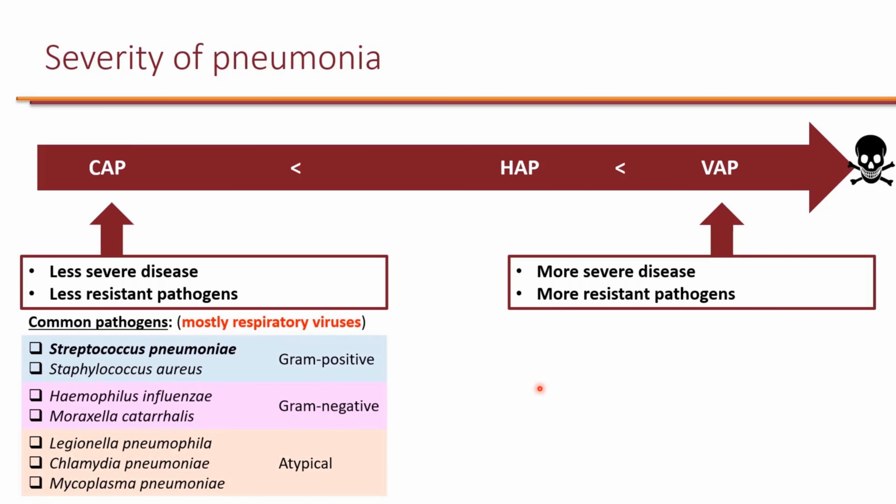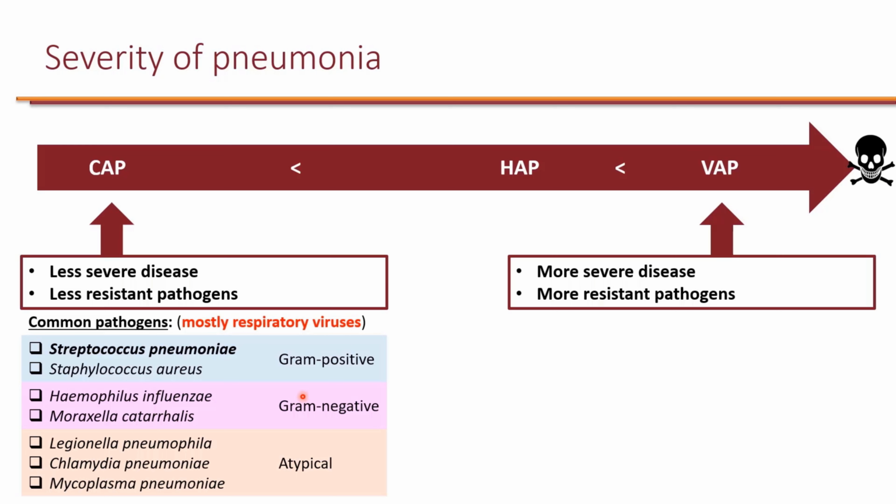Viruses by far are the most common causes of CAP. However, when it comes to bacterial causes of community-acquired pneumonia, Streptococcus pneumoniae is by far the #1 respiratory pathogen causing pneumonia. Although Staphylococcus aureus can also cause CAP, not every patient needs MRSA coverage, and we'll talk about that more shortly.